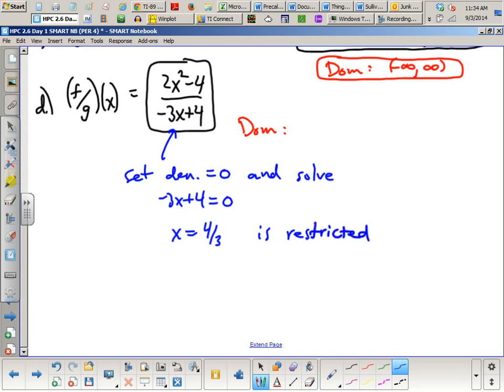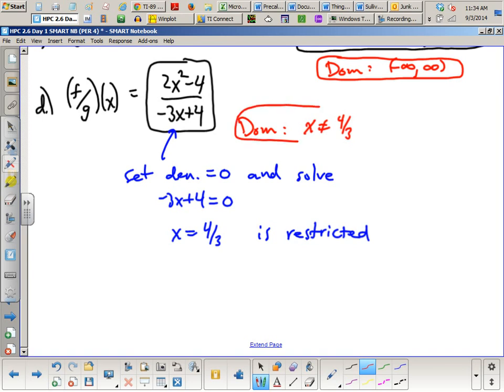And somebody called this an extraneous root the other day. That's not the right terminology. It's a restricted value or an excluded value. Extraneous root is a phrase you use when you're talking about solving equations. We're not solving any equations right now. Okay, so what's my domain? Basically, x is not 4/3.